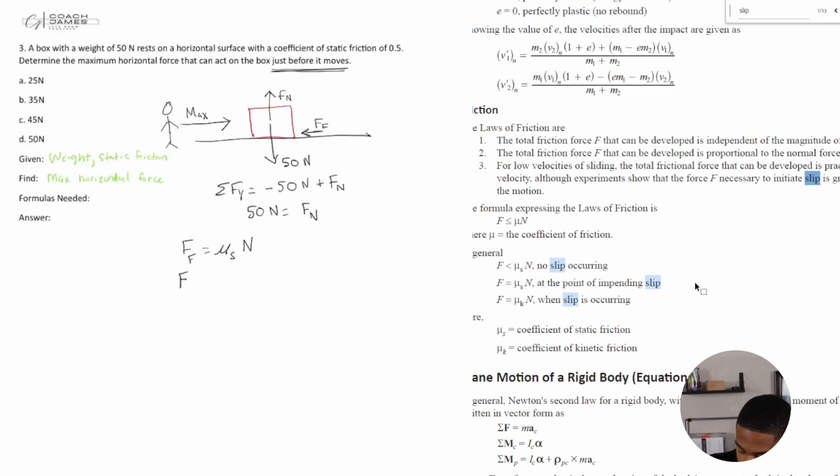Force of friction is equal to static friction, 0.5, times normal force, 50 newtons. And so the force of friction, the max horizontal force that can take place, is going to be equal to 25 newtons.